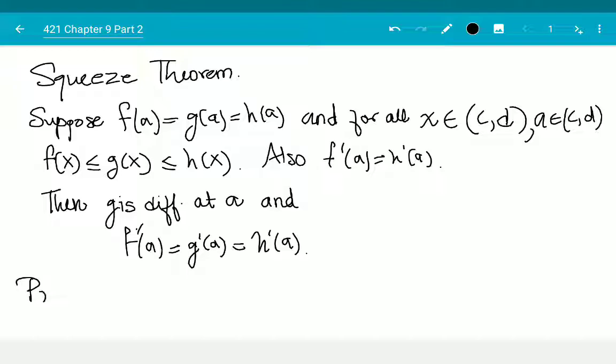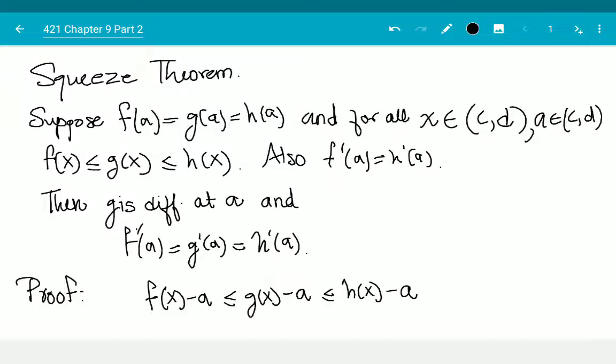The proof is relatively straightforward. Since f of x is smaller than or equal to g of x is smaller than or equal to h of x, f of x minus a is smaller than or equal to g of x minus a is smaller than or equal to h of x minus a, right?